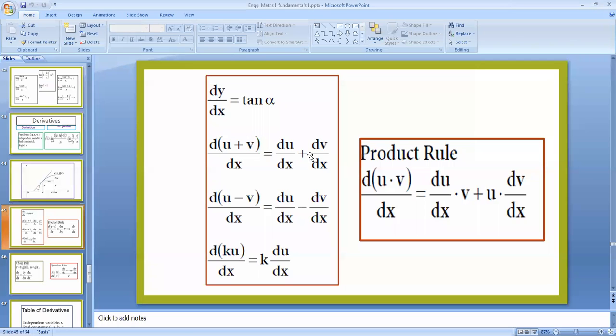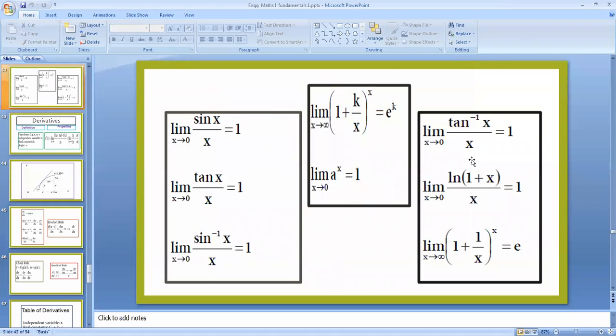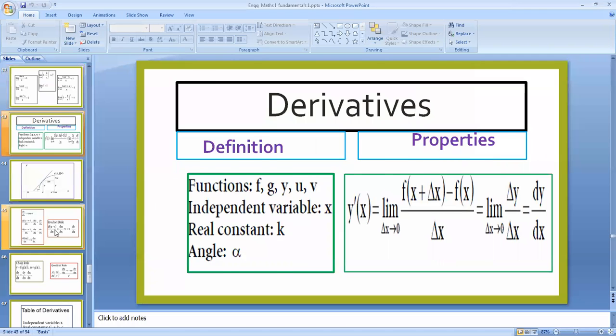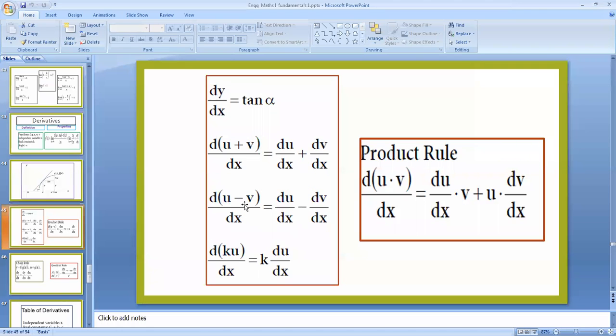You got it? This was the addition law in differential. Similarly, we can define the subtraction law, that is, d by dx of u minus v is du by dx minus dv by dx. So the differential of a subtraction is nothing but the subtraction of their differentials.